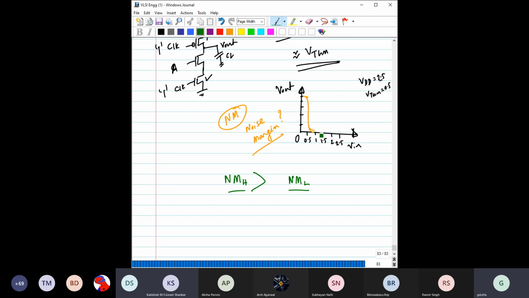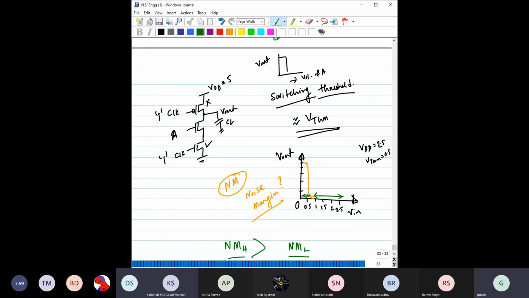Because you can see this, it is only this much here, and here you have this much space. But in our actual design, we have always tried to make the noise margin high and noise margin low almost equal. But here that issue will definitely be there, right? So these are the issues that you can consider here.